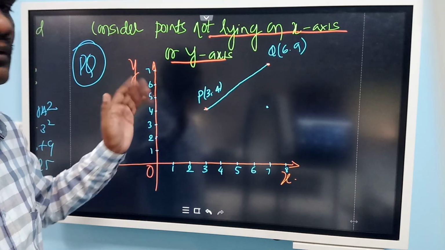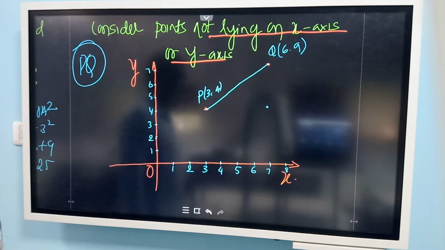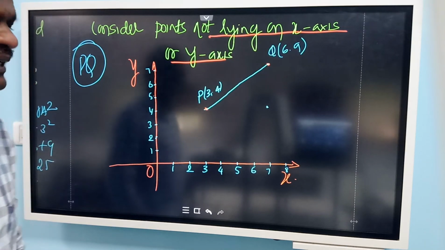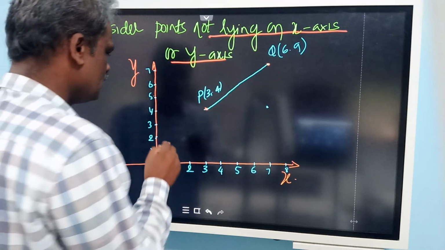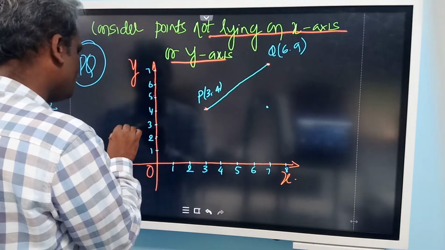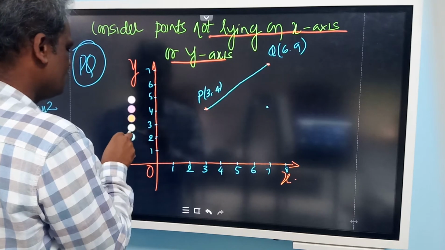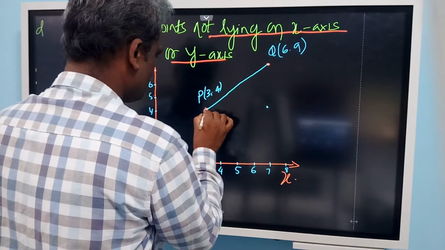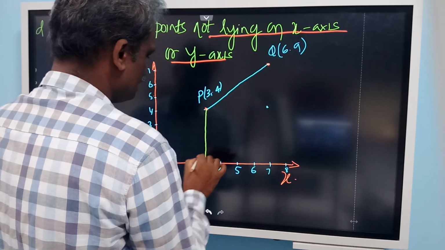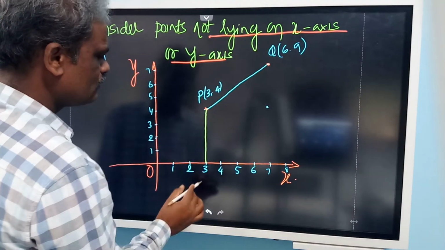They are not on the y-axis. So for this, we are going to do some construction here. All of you look at this now. So now what I will do, I am going to draw a perpendicular line from this P. Okay. What is the distance from here to here?